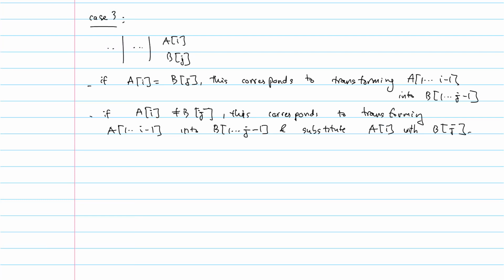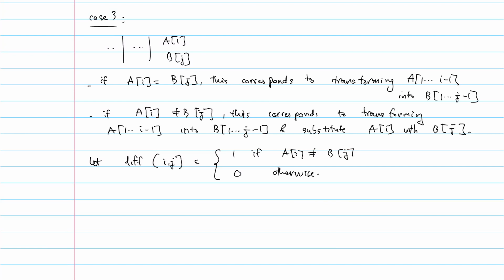Now what is the cost of this case? Let diff(i, j) be 1 if Ai is different from Bj and 0 otherwise.